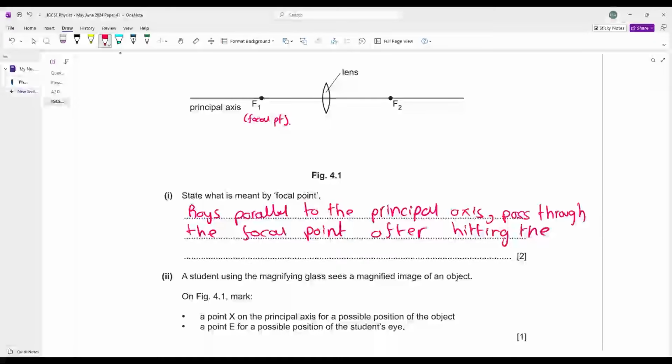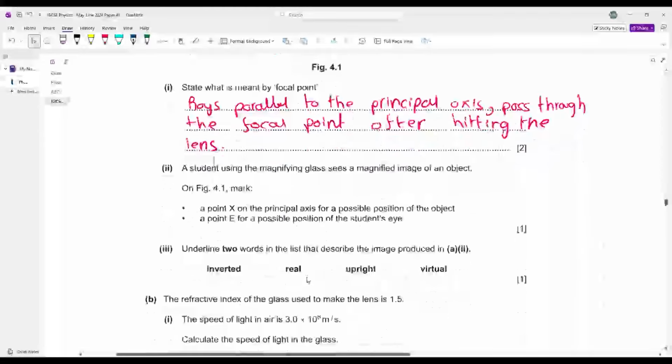So basically focal point की definition ही यही होती है कि वो rays that are parallel to the principal axis after hitting the lens pass through the focal point. Simple as that. Let's further move ahead.